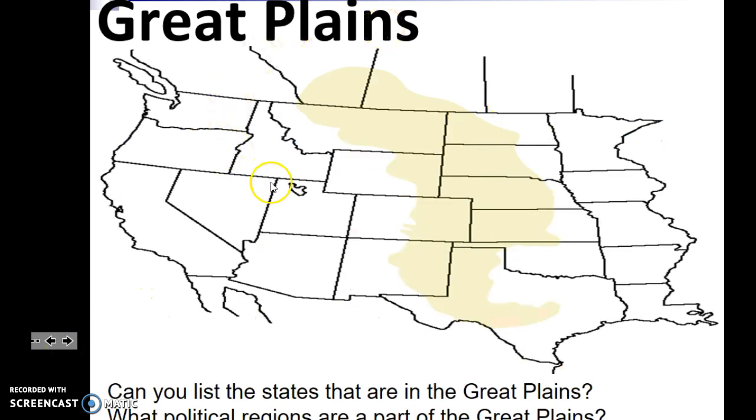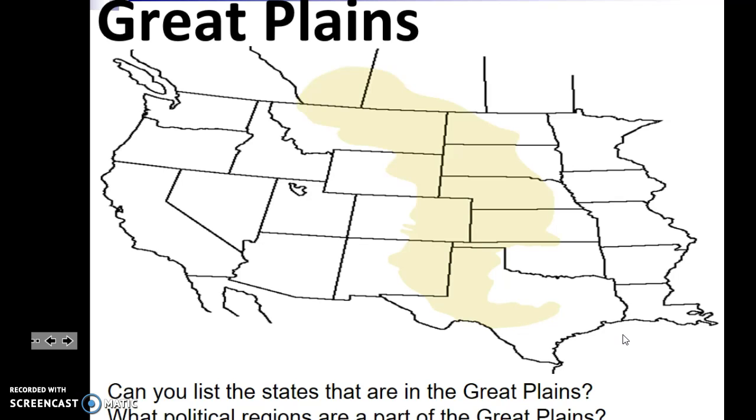Here are the Great Plains, which is in the heartland of the United States. And you have two questions at the bottom. It says, can you list the states that are in the Great Plains? And the second question is, what political regions are part of the Great Plains? So I'm going to go ahead and fill out this map.